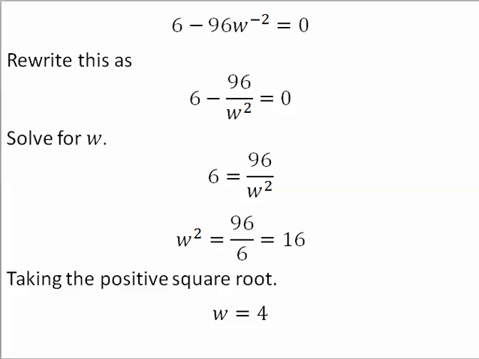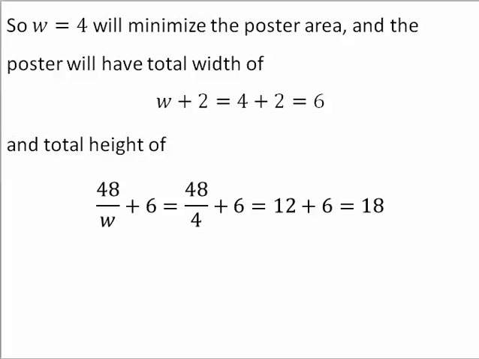And I'm only interested in the positive square root because we're talking about the width of the printed area. So W equals 4 is going to minimize my poster area, and the poster will have a total width of 6 and total height of 18.